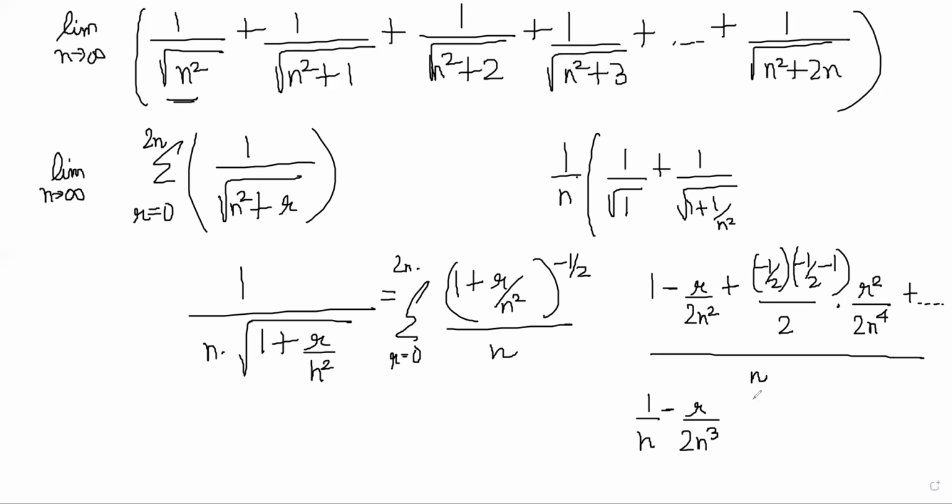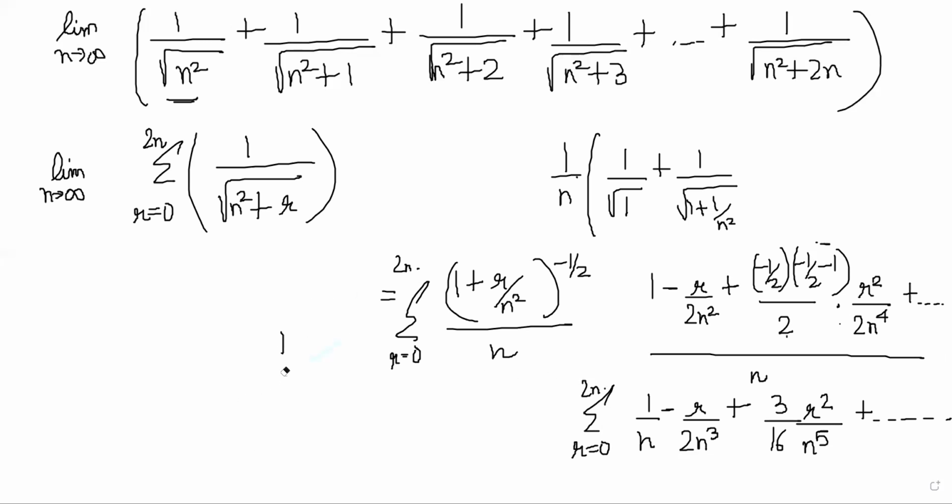And this term is becoming plus, half into half plus 1, so 3 by 2, so 3 by 4. And there is a 4 here, so 3 by 16, r square by n power 5. Some higher order terms, and I have to do the summation over r goes from 0 to 2n. So now let's try to think of the summation.